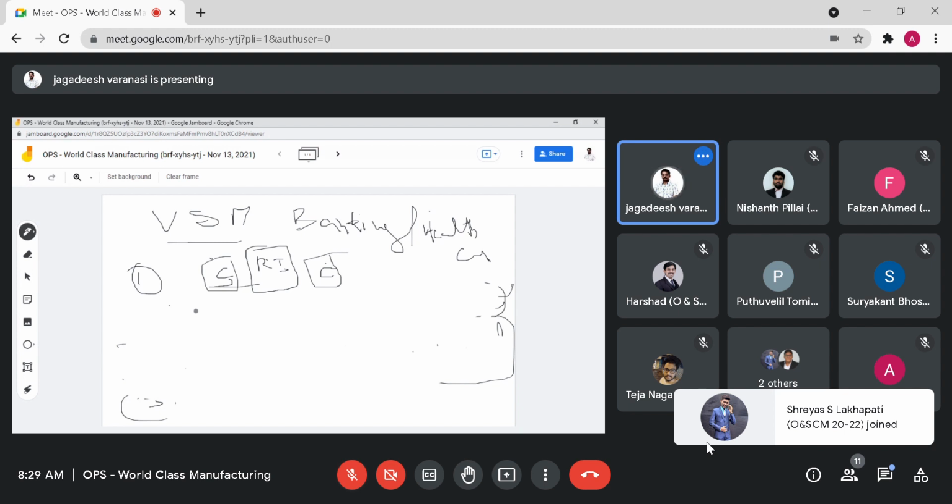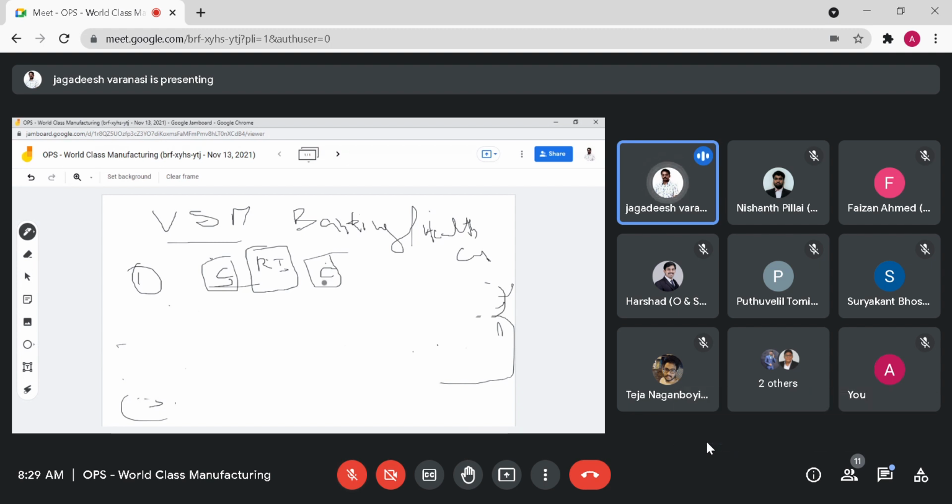In this, what do you generally look for? Security convenience, next search convenience, next transaction convenience.